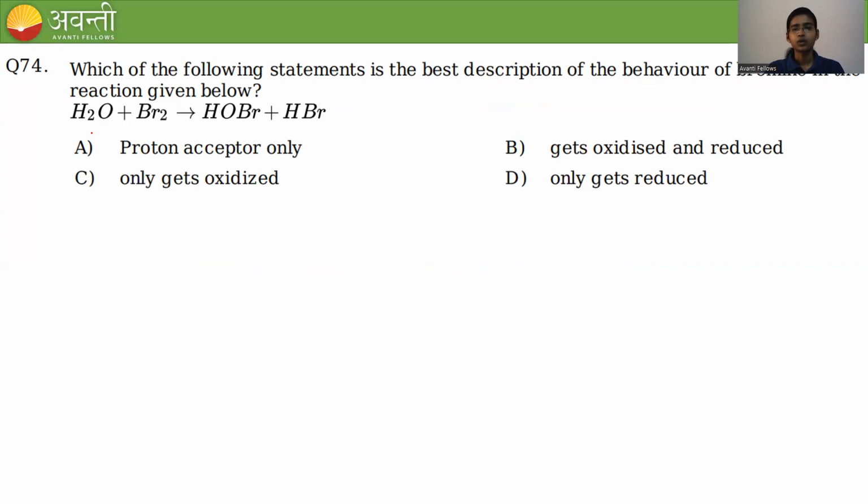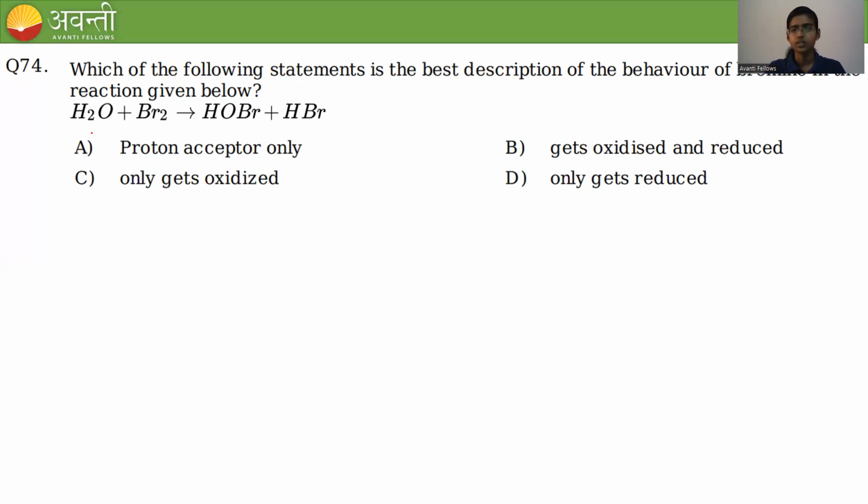Which of the following statements is the best description of the behavior of bromine in the reaction given below? H2O plus Br2 gives HOBr plus HBr. Option A is proton acceptor only. Option B says that it gets oxidized as well as it gets reduced. In option C, it only gets oxidized.